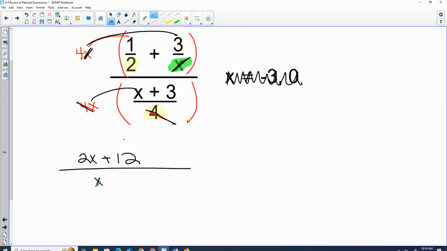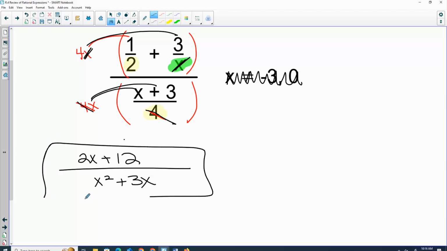So that would be x squared plus 3x. And that's our final answer. So when you have a really nasty looking expression, fractions within fractions, you can just choose to multiply by something to cancel them.